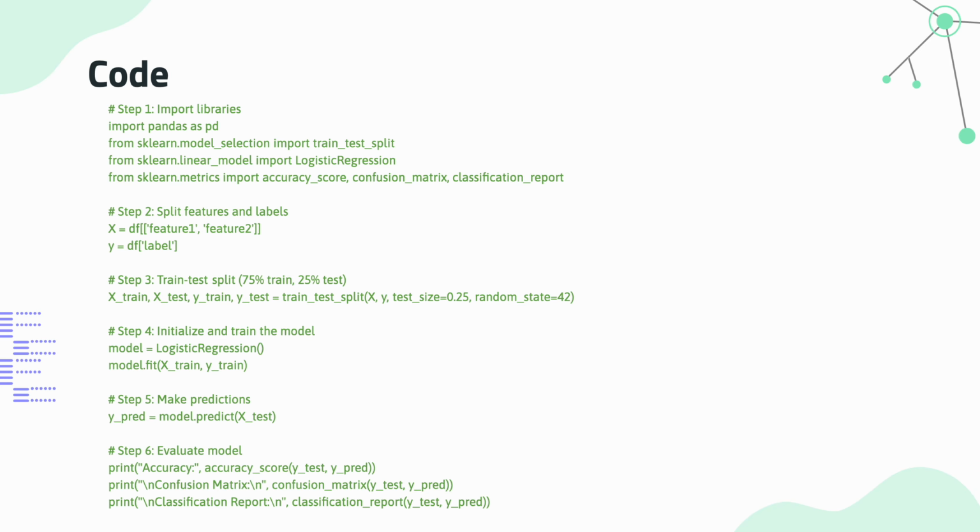So first you want to just import everything. All your imports are here listed out. Unless you want to use another algorithm, you're going to import maybe something else, but here we're importing a logistic regression. We're always going to import pandas, and we're always going to import train test split, and we're always going to import our metrics.